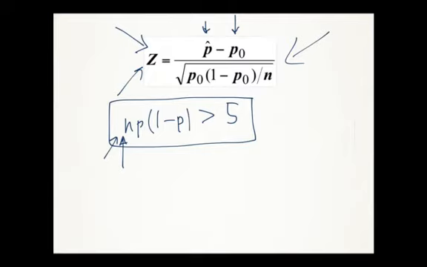Okay. So now we're ready to proceed with our 7 steps of hypothesis testing, okay? So remember, in step 1, we write out the null and alternative hypotheses. So our null hypothesis is that this population, remember, I've just added this subscript of 0 to say it's this particular number.